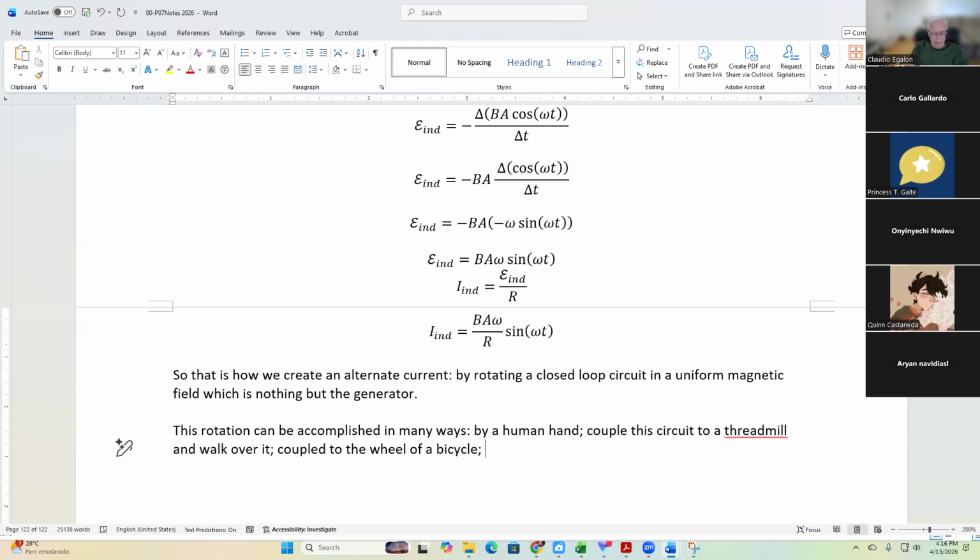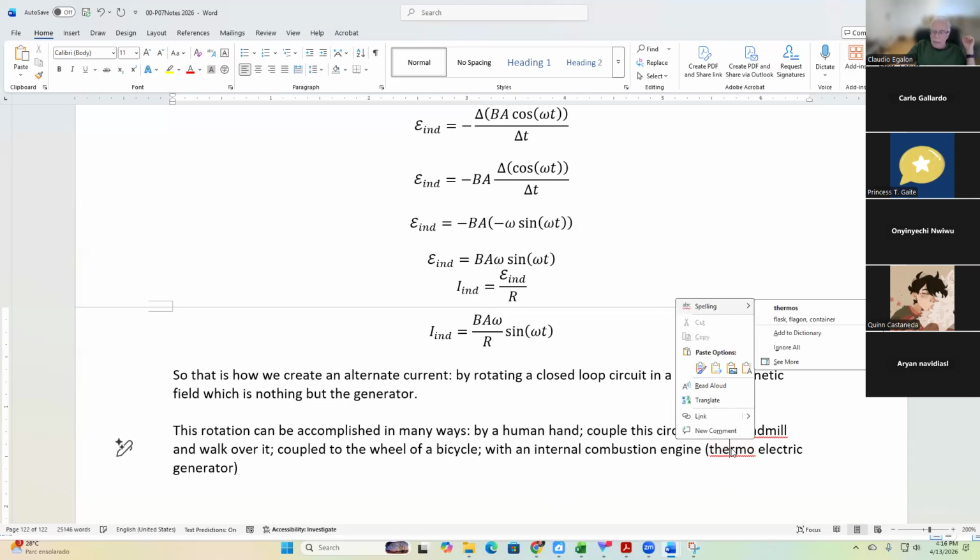Another way to do that is with an internal combustion engine. That's what we call a thermoelectric generator, which can be diesel or gasoline.